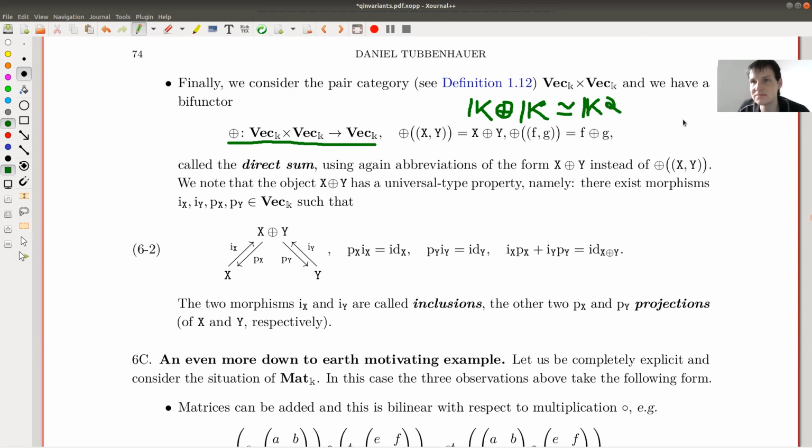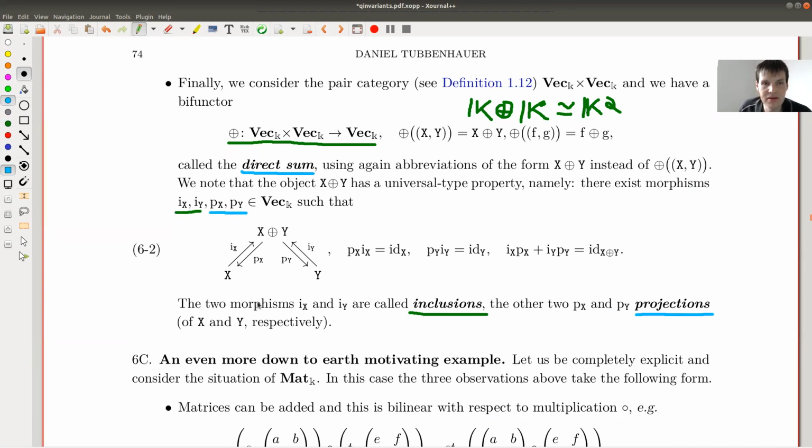Not well in matrices. It's actually nicer. The matrices will be down here, so just bear with me. We will go to matrices in a second. But abstractly, the direct sum is exactly the operation with the following properties. So here's my direct sum of x and y, and I have x and y, and I have morphisms, which I will call inclusions, the i's, and projections, the p's.